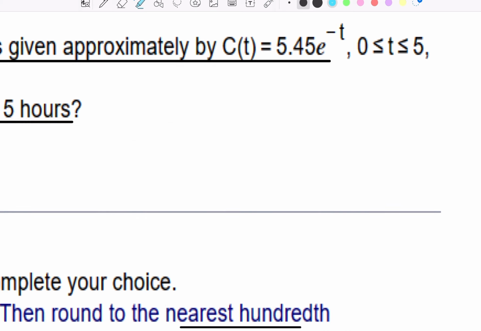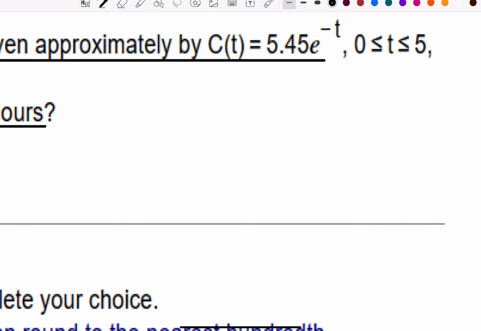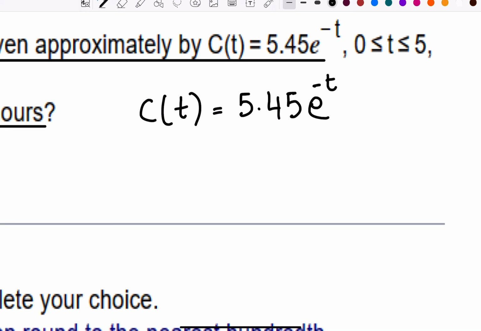So let me bring this function down here. I have C(t), this is the drug's blood concentration level, and this is the equation. Now let's use common sense here. When patients get anesthesia for whatever reasons, the anesthesia kind of wears down, right?